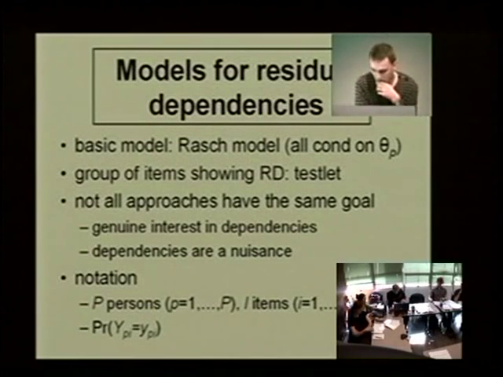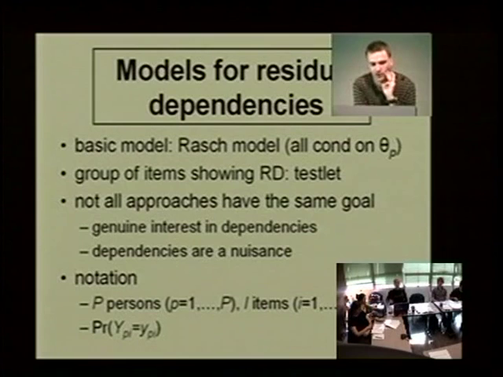So here are now solutions if you're confronted with this problem: models for residual dependencies. The basic model where we start from, as I said already, is the Rasch model. So everything I talk about will be conditional on the presence of that latent trait theta p.